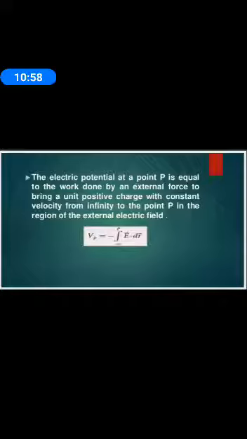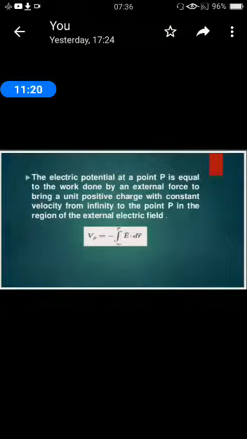So my formula becomes Vp, that is the electric potential at a point P, is equal to minus integral of infinity to P. Why? Because the starting point is infinity. From a very far point, we are going to bring the test charge Q prime and place it at the point P. So the starting point is infinity and the ending point is P, integral of E vector dot dr vector.